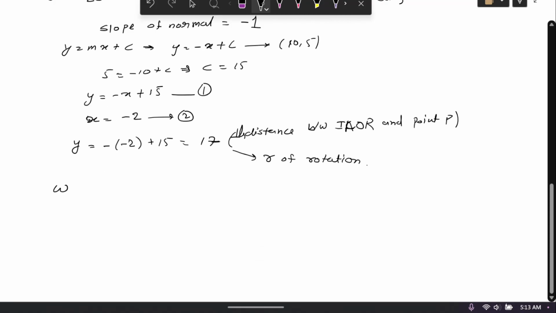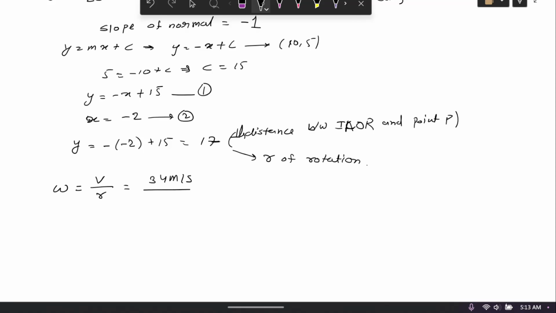For finding omega, omega is velocity by small r. The velocity is given as 34 meters per second and small r is 17 meters. So omega will be 2 radians per second.